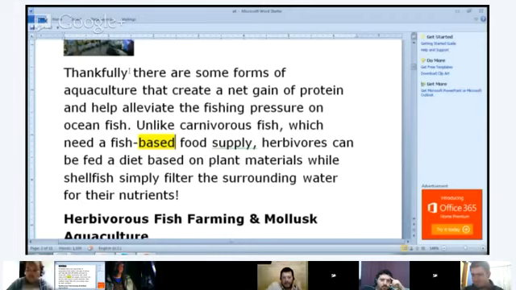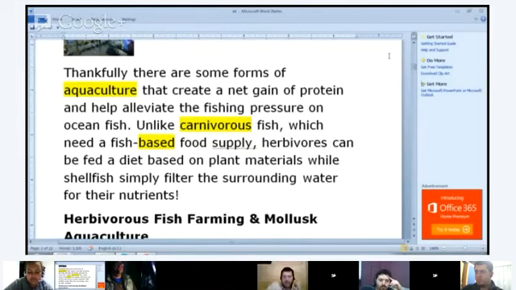Okay, great. All right. And so what we're talking about here is the difference. So we're talking about farming in the sea, farming in the oceans, aquaculture. And we're talking about farming herbivorous fish that eat plants as opposed to carnivorous fish that eat meat, well, that eat other fish.